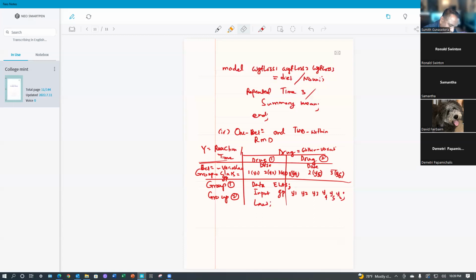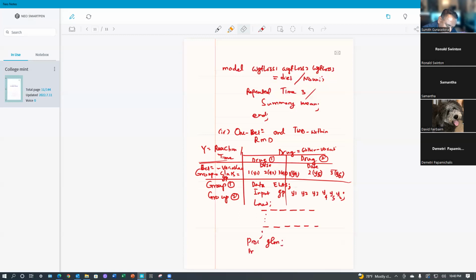Then I go to the lines. Any individual has 1, 2, 3, 4, 5, 6 readings, based on how many individuals there are. Then GLM, general linear model.